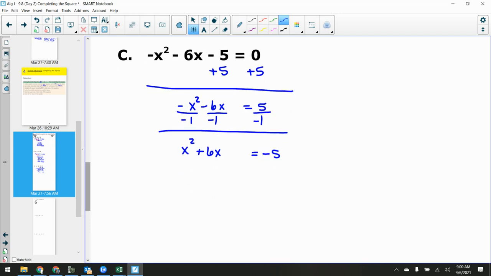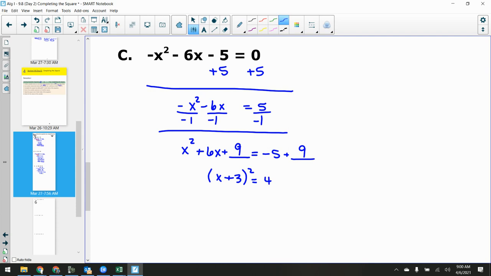See, there's some prep work that you have to do from time to time. So what's my magic number? 9. Half of 6 is 3, squared is 9. So 9 fills in my blank, which turns into (x plus 3) squared is equal to 4.